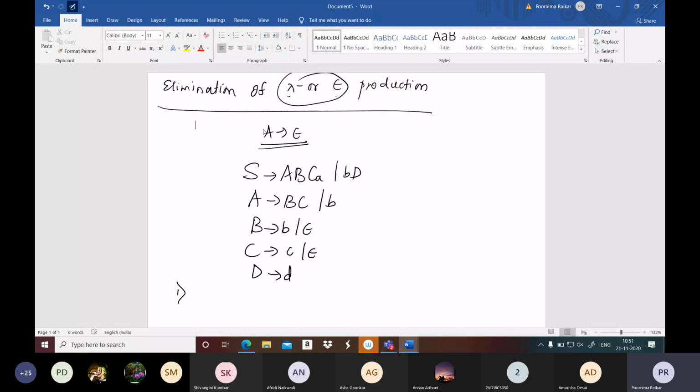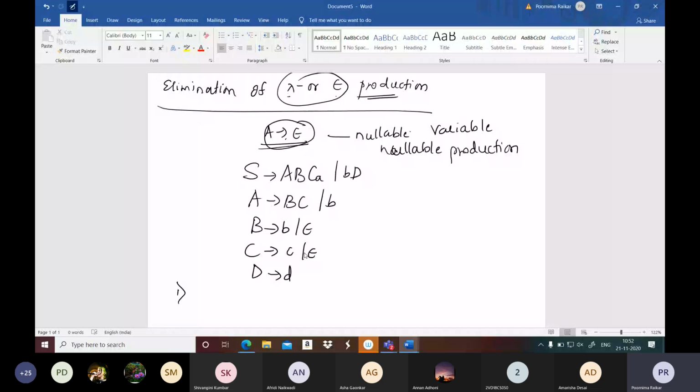Whatever variables tend to epsilon, we call it a nullable variable, and the production is called a nullable production. The variable which tends to epsilon I call a nullable variable, and this entire production I call a nullable production. So, elimination of nullable production.